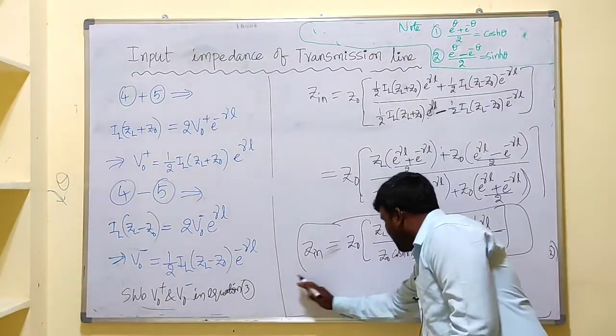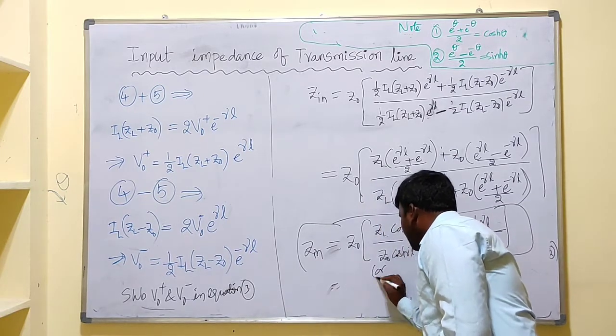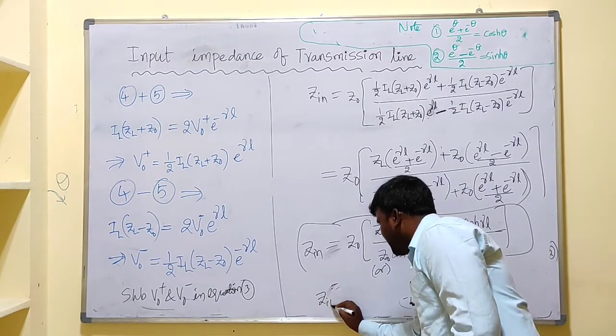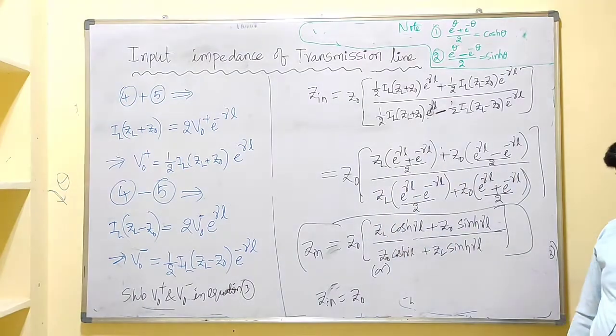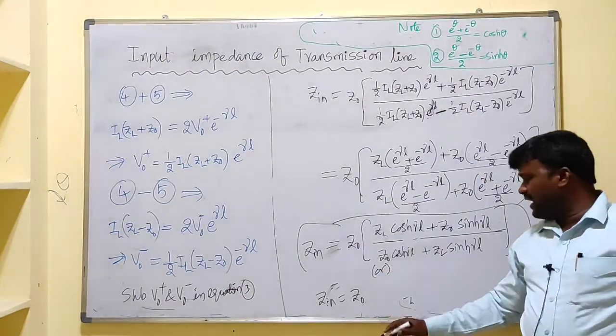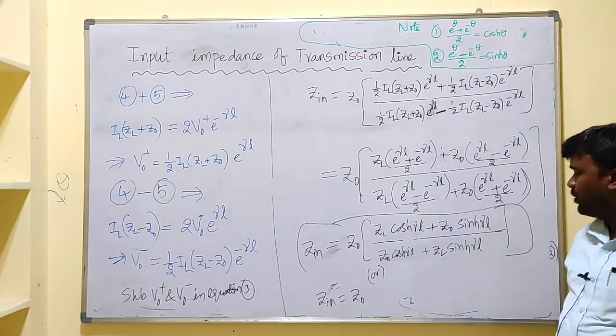Otherwise, let us simplify this like this also. We can write this Zin like this also, that is Z0. Let us take cosh γL as common in the numerator and denominator.